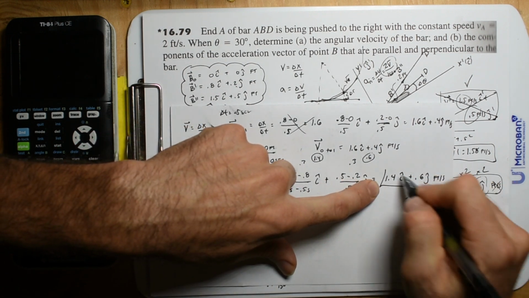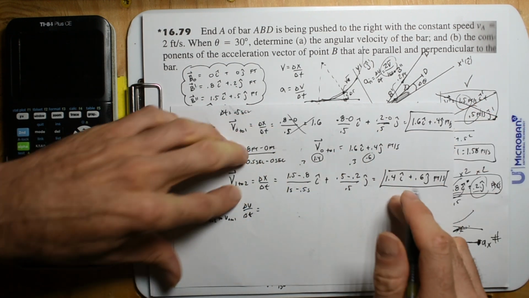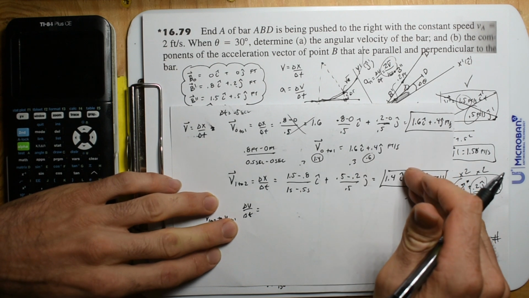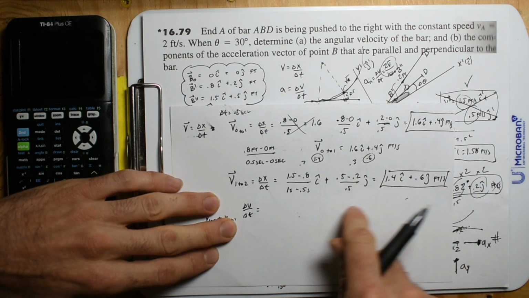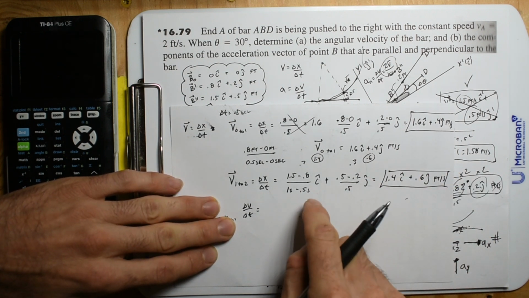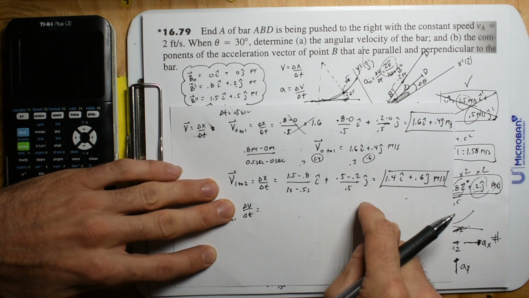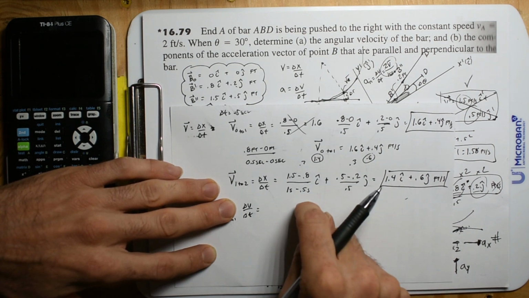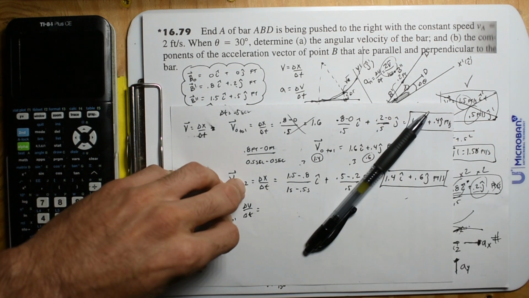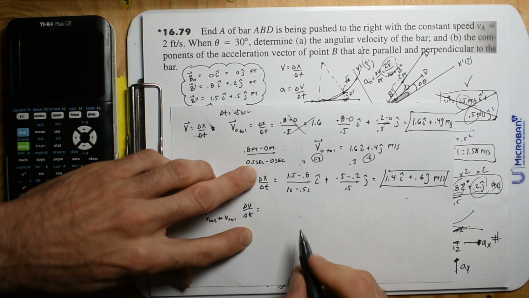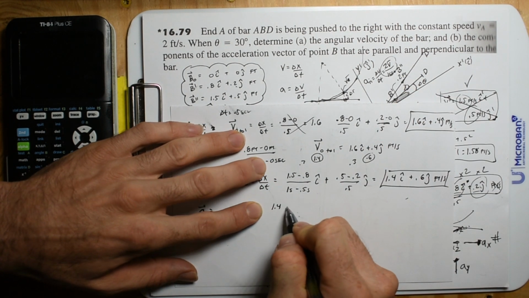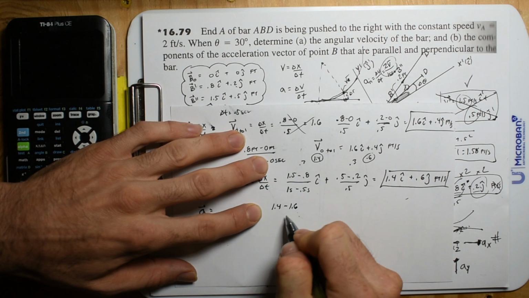Here are our two equations for the velocity. And so we start with that later one. If you're going from 0 to 1 second, you always take the position at 1 second minus the initial position.